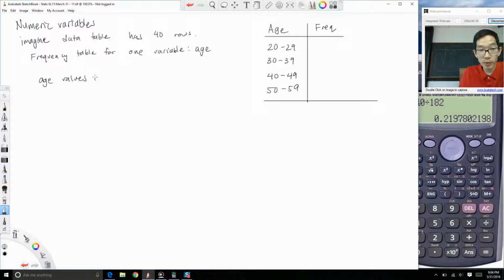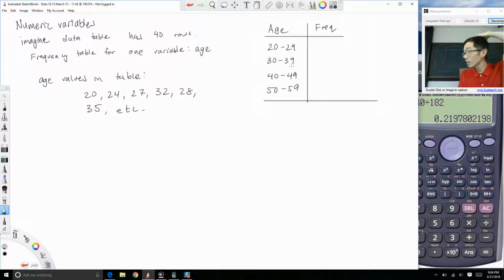So the data table itself, maybe the age values in the table could be something like 20, 24, 27, 32, 28, etc., 35. So you're getting actual numeric values, not these categories, but then you would go through and you'd count how many people. You'd say, oh, I've got 20, 24, 27, 28.